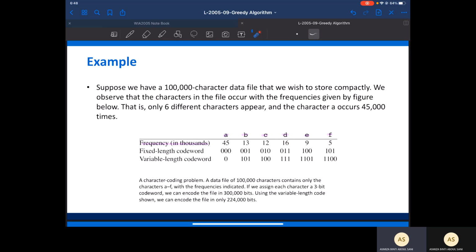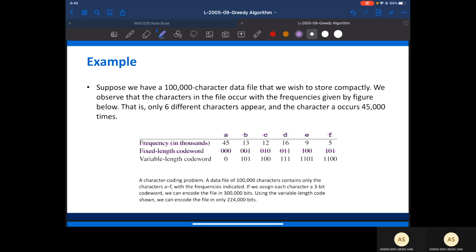Okay, so normally, if you want to encode using a fixed length code word, what we do is we say that A would be encoded as 000, 001, 010, 011, and so on and so forth.